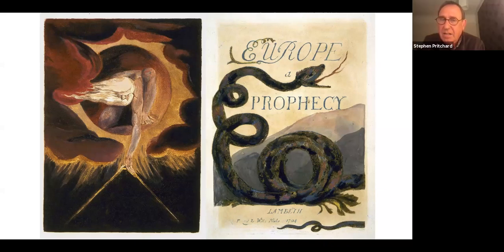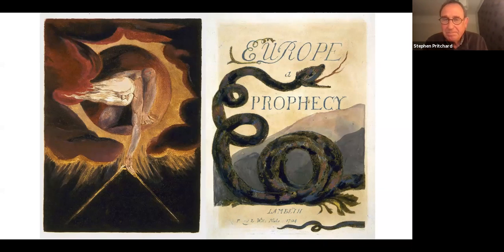The contrast between frontispiece and title page here is extreme, isn't it? Between the light, the dark and the light. The snake is going upwards. Urizen, or the demiurge, his focus is all downwards. There's a line in the poem, I don't want to get into the closure, but there's a line: thought changed the infinite into a serpent.